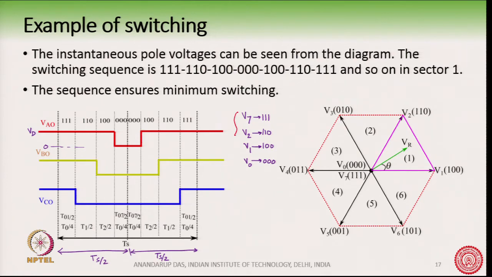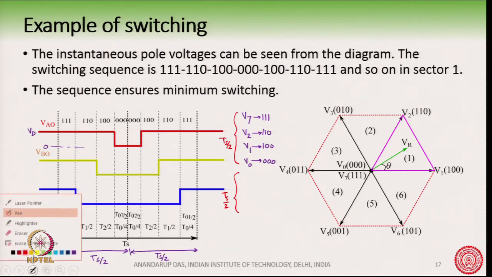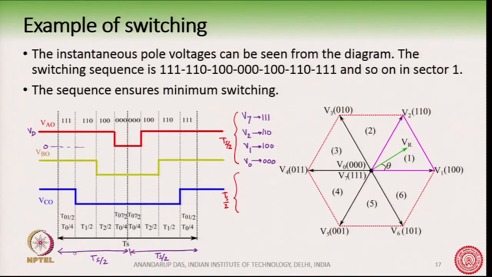So, this is the Ts by 2 time period, and for the next Ts by 2 time period we again switch V0, V2, V1, V7.